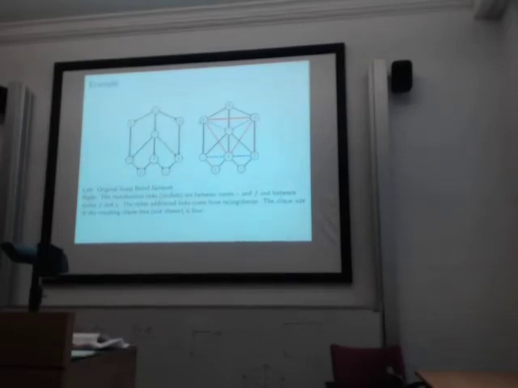Well, let's look at this. B goes to E, goes to F, goes to G, goes to D, back to B. That's a loop of length 1, 2, 3, 4, 5.